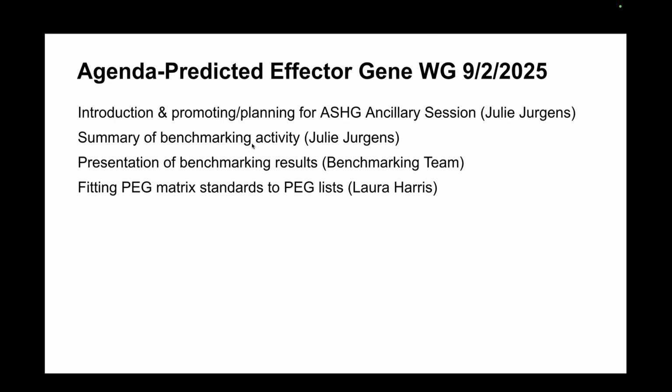Then we'll go through a summary of the benchmarking activity. We're lucky to have several volunteers from this working group who participated in this activity. So we're really excited to showcase your results and hear what you as members of our community thought of the standard and how we can make it better.